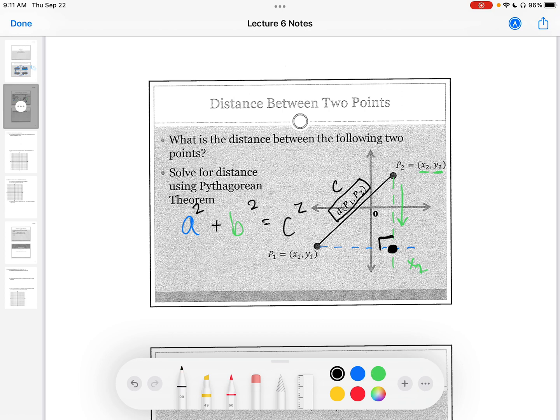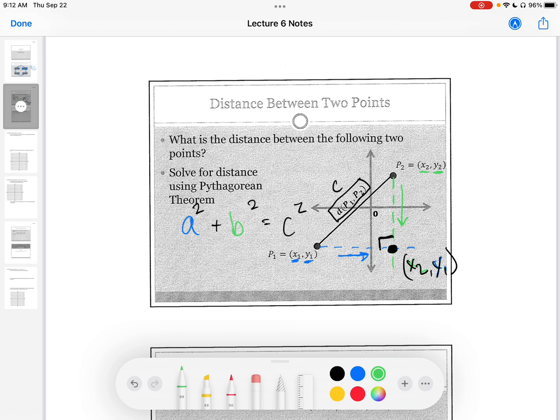Then I am moving to the right, so my y value would not be changing because I'm not going up and down. My x value, however, would be changing. So since my y value doesn't change as I move across, the y value of this point is y sub 1. So my third point right here is x sub 2 and y sub 1.